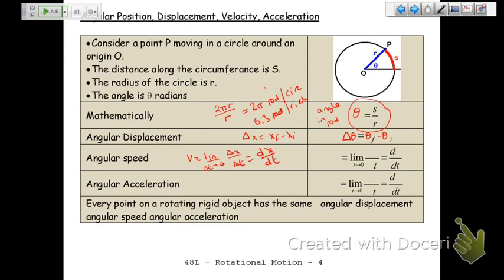Well, here we're going to say that omega is equal to the limit as delta t goes to 0 of delta theta by delta t, which equals d theta by dt.